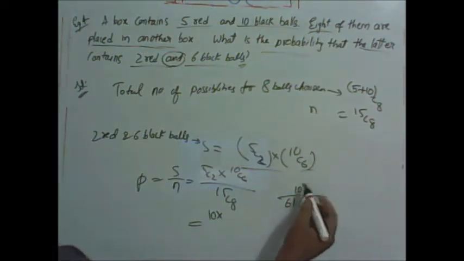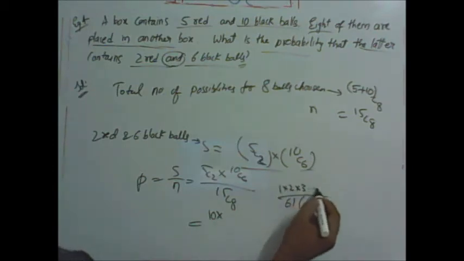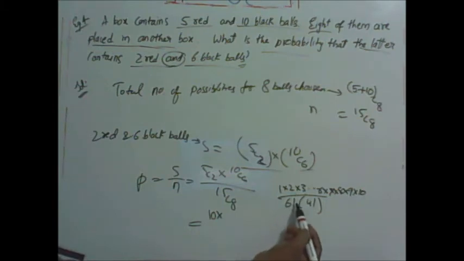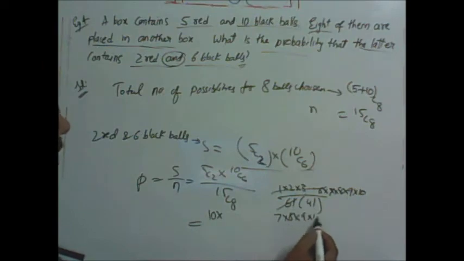So 10 factorial we can write as 1 into 2 into 3 and so on up to 6 into 7 into 8 into 9 into 10. And 6 factorial is 1, 2, 3, 4, 5, 6. Up to 6 it is cancelled. Remaining here is 7 into 8 into 9 into 10 divided by 4 factorial, so 7 into 8 into 9 into 10 divided by 1 into 2 into 3 into 4.